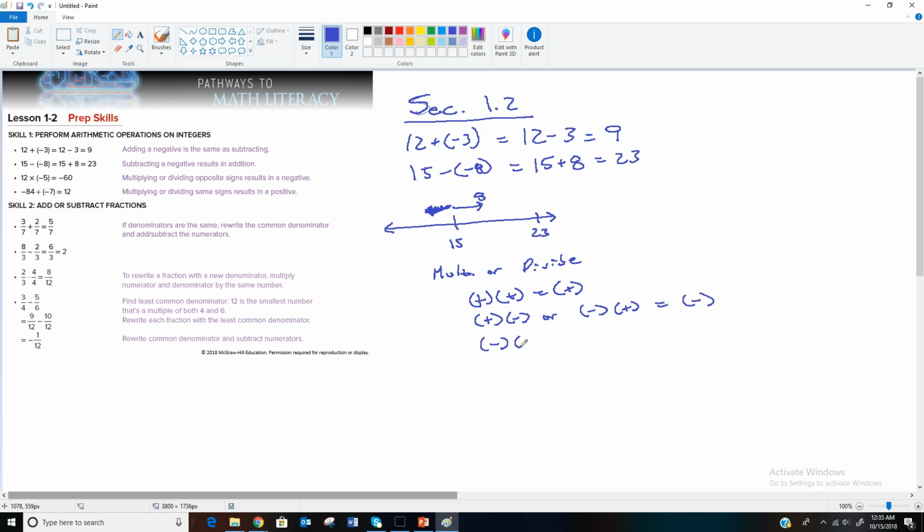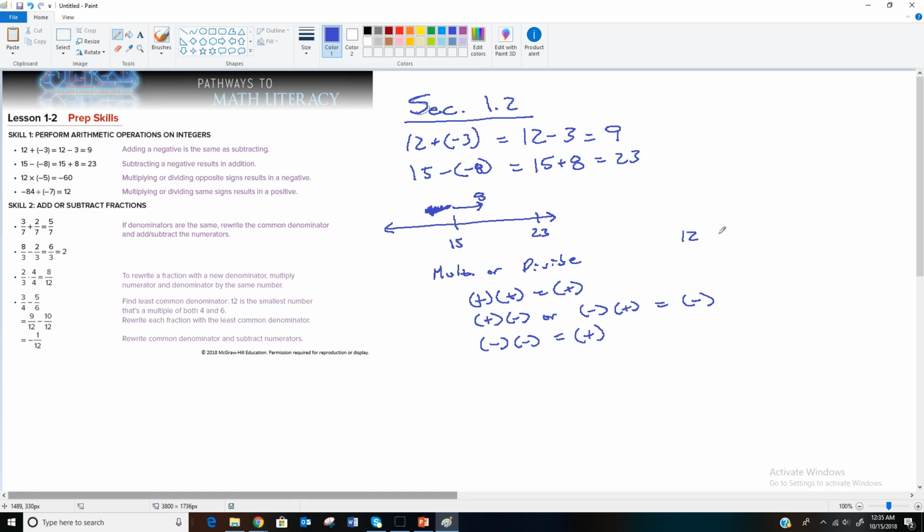And if you have a negative and a negative, it's kind of like up here again: you're taking two negatives, so you're going to end up with a positive overall. It's a little different than adding and subtracting, because there the sign told us what direction to go. Here it's telling us our overall answer is going to be positive.